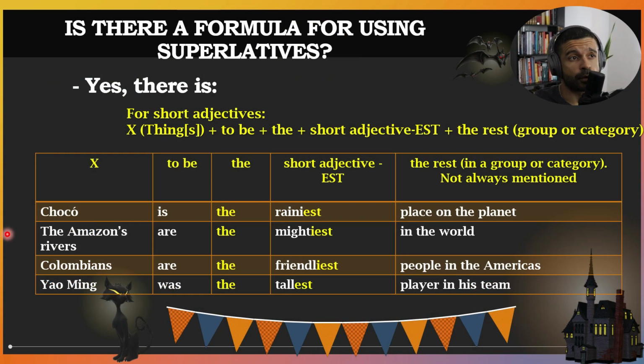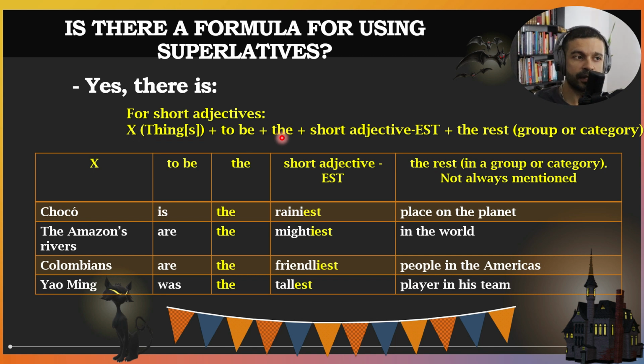Now, is there a secret formula for using superlatives? Yes, there is. And it depends on the type of adjective. Remember, there are 4 types. You can go back to check it out. And you can also download the list of adjectives divided into the 4 categories from the description of this video. So here is the formula. We have one thing or things, the verb to be, the definite article the.